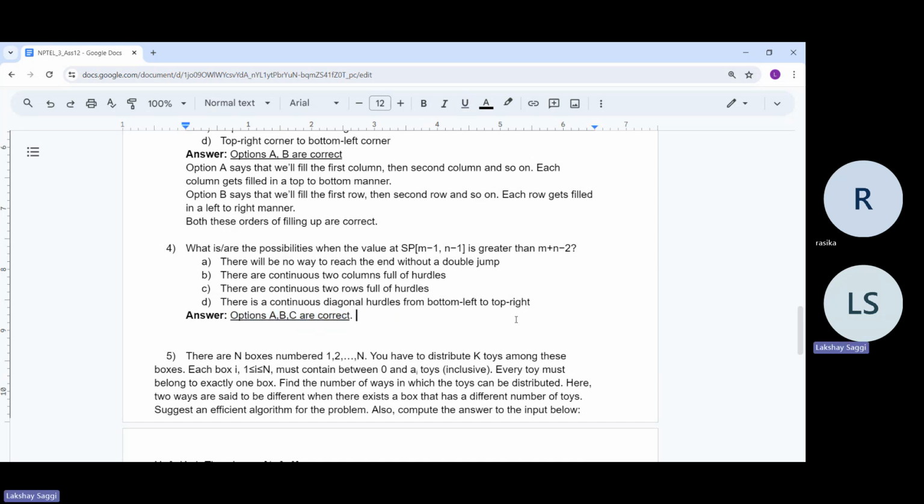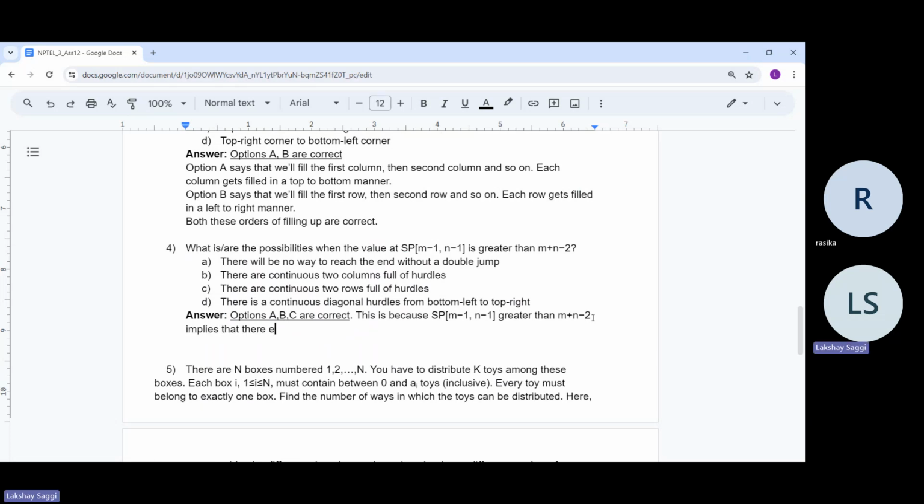And why is this? This is because S P I minus 1 greater than M minus 2 implies that there does not exist a path from 0, 0 to M minus 1 comma N minus 1 using just single hurdle hops.